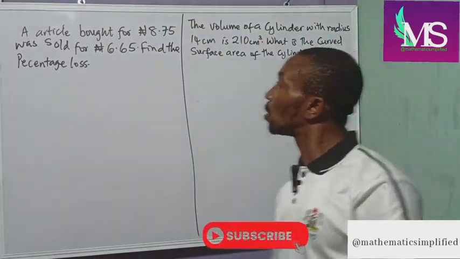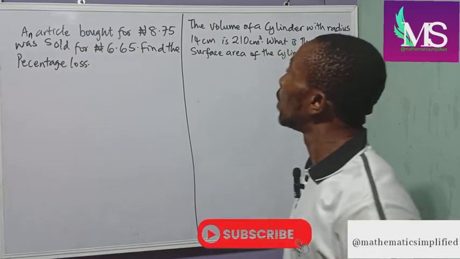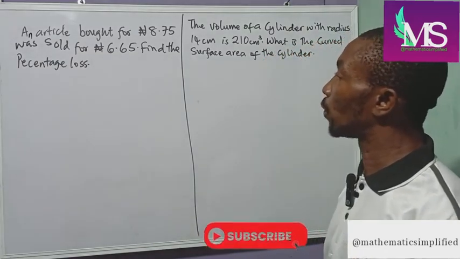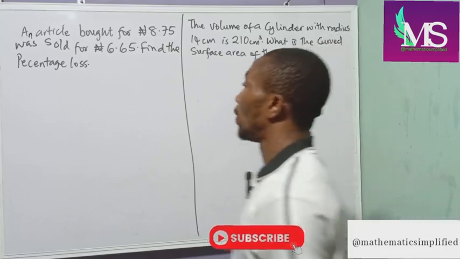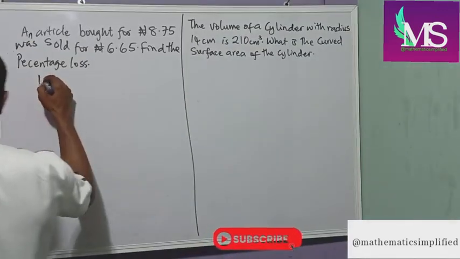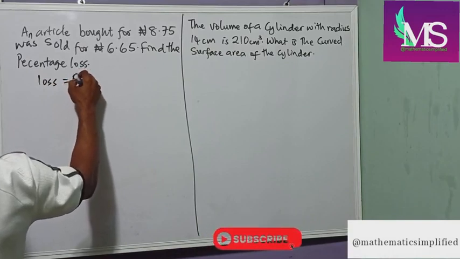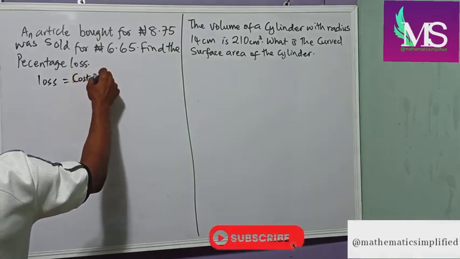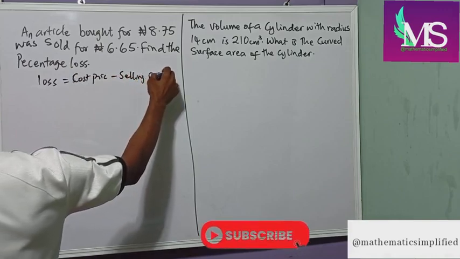An article bought for 8 naira 75 kobo was sold for 6 naira 65 kobo. Find the percentage loss. Now we know that our loss equals cost price minus selling price.